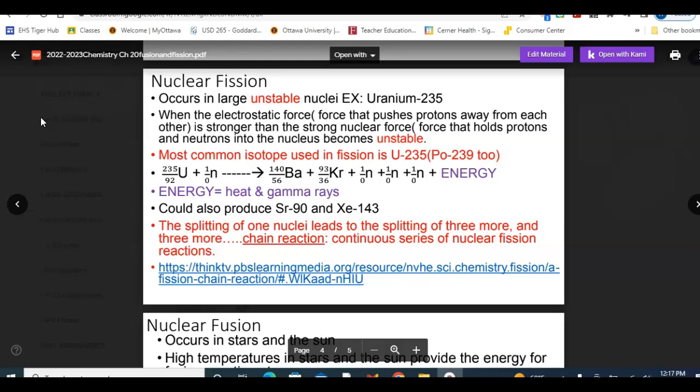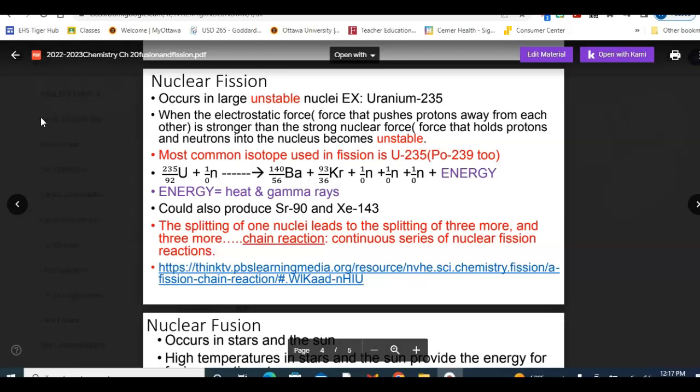Okay, so uranium-235 is bombarded with neutrons. A neutron hits this isotope, breaks it into 2 new, more stable isotopes. In this case, barium-140, krypton-93, and 3 more neutrons are released, and so is a whole bunch of energy.